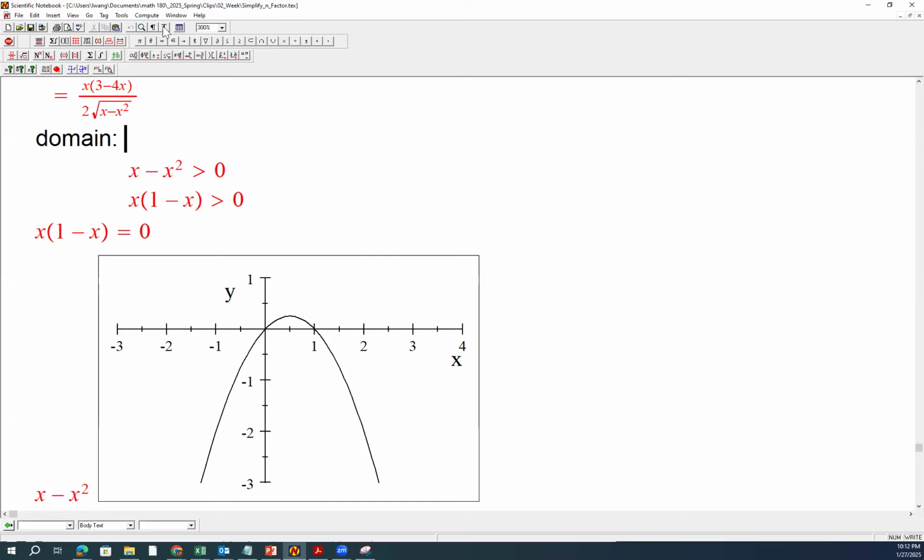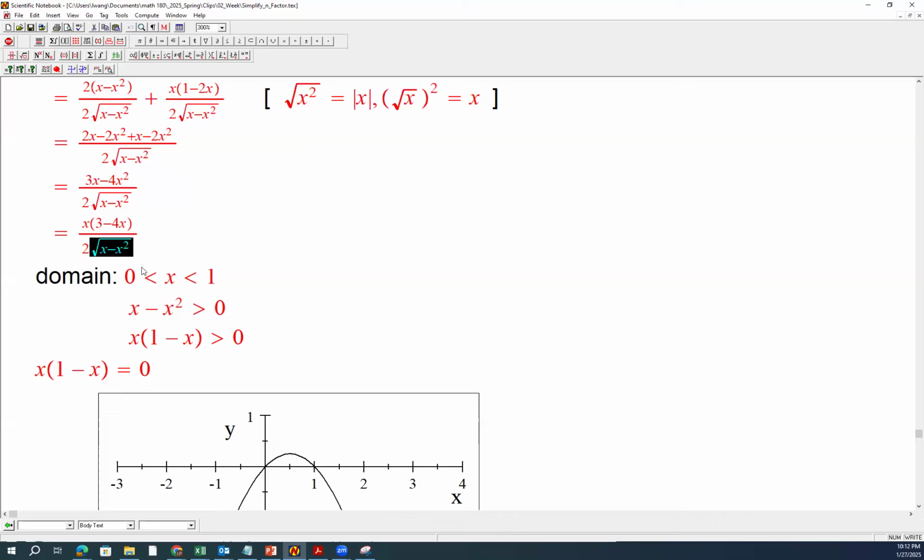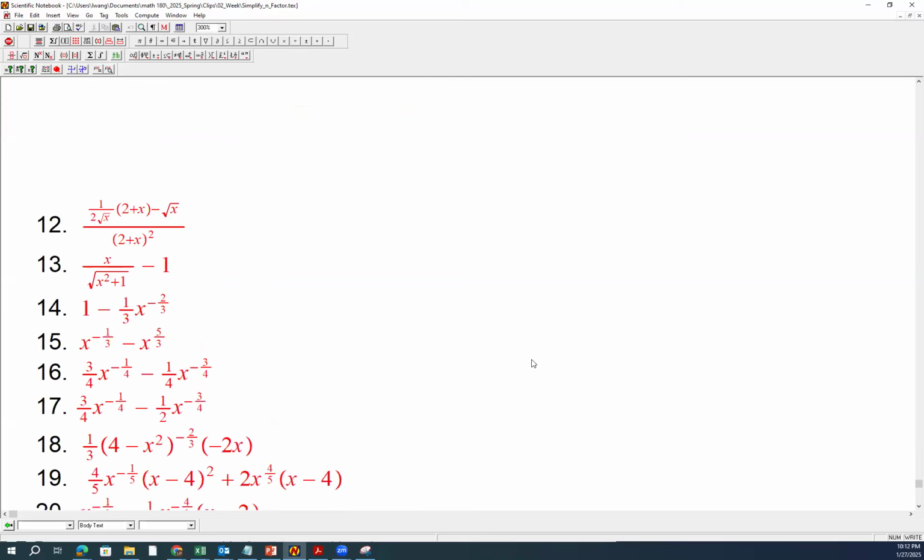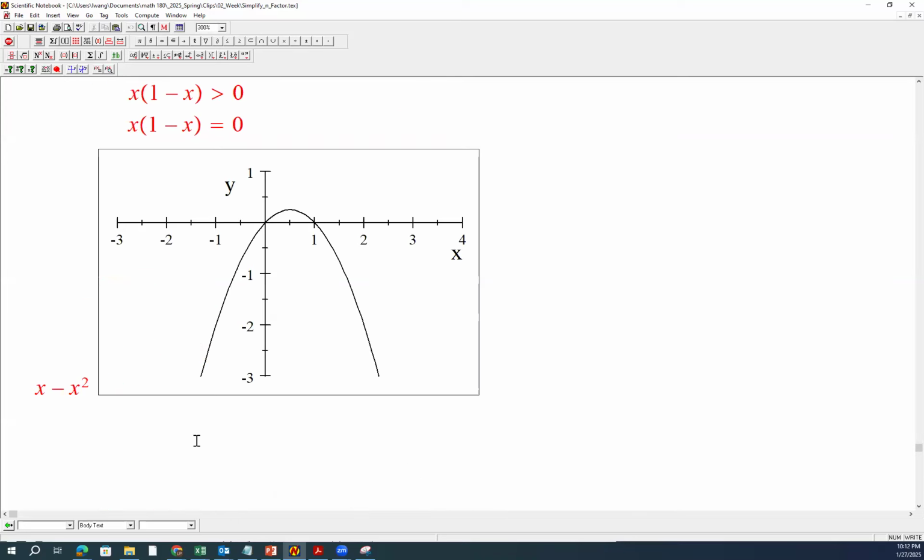So our domain is x between 0 and 1, just to guarantee that piece is greater than 0. I skipped some details because we will be talking about these things in the future, about quadratics.